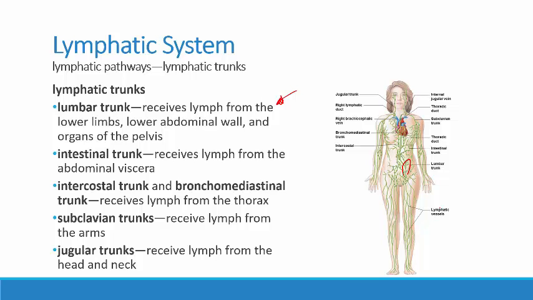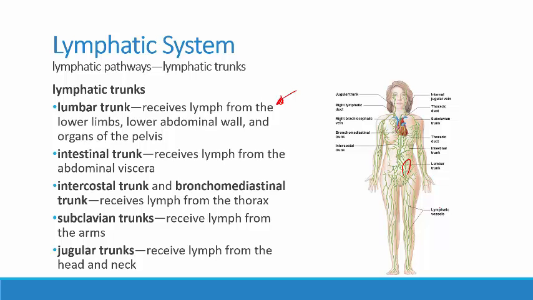So that is where all of the lower extremities lymph collects into the lumbar trunk. The intestinal trunk receives the lymph from the abdominal organs, the viscera there in the abdomen, including all the lacteals that are bringing fats from the intestines.